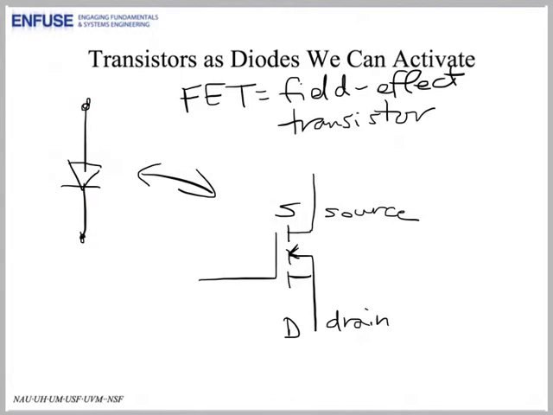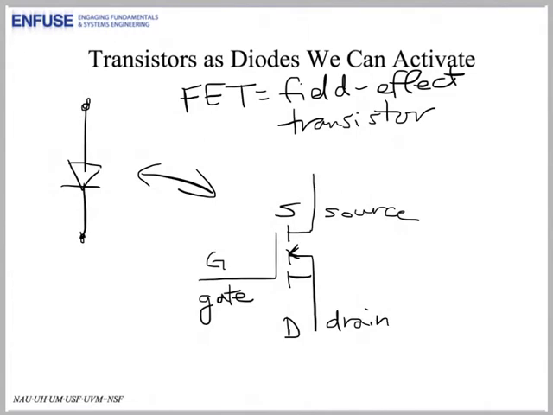But instead of turning on automatically like the diode due to voltage between these 2 points, in the transistor we also have the gate, or G, and a voltage applied here at the gate allows current to flow between the source and the drain.